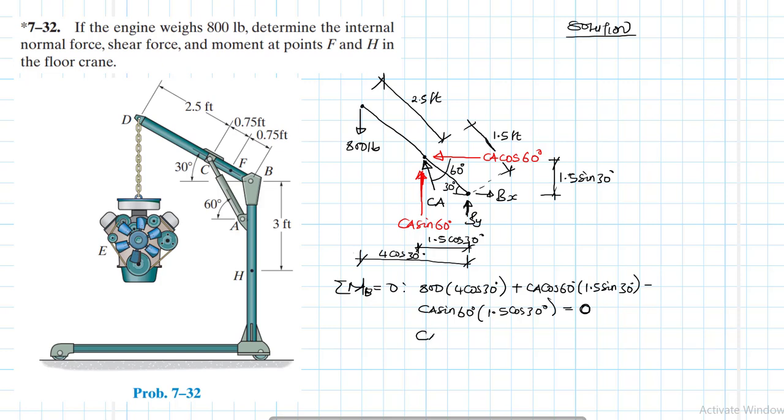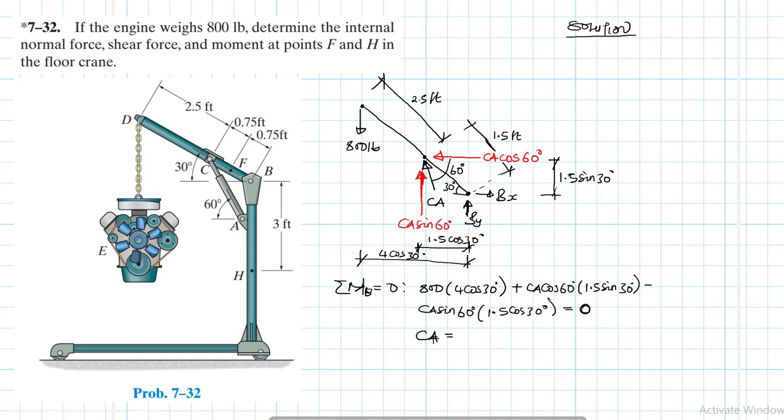So our CA is going to be equal to, let's calculate it quickly. We start with this here: 1.5 cos 60 sine 30 minus 1.5 sine 60 cos 30.